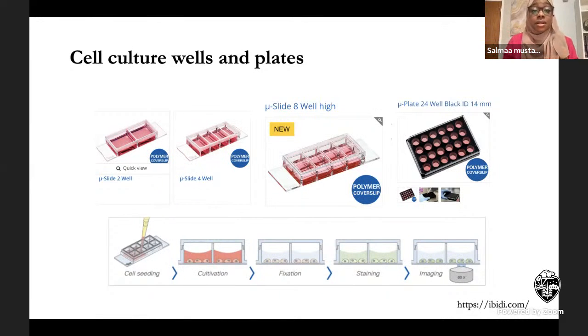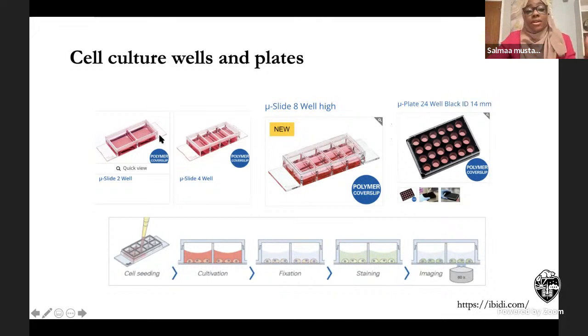They have this in stock, and I've used this before as well. They have it in such a way that you don't even have to transfer the cells at different points, so you can start your culture inside these wells right from the very beginning. You start your culture, and that's where you finish all the protocol that I mentioned earlier.